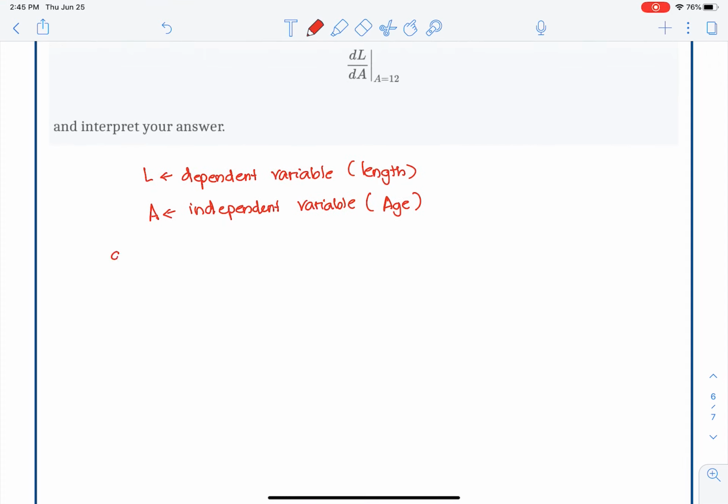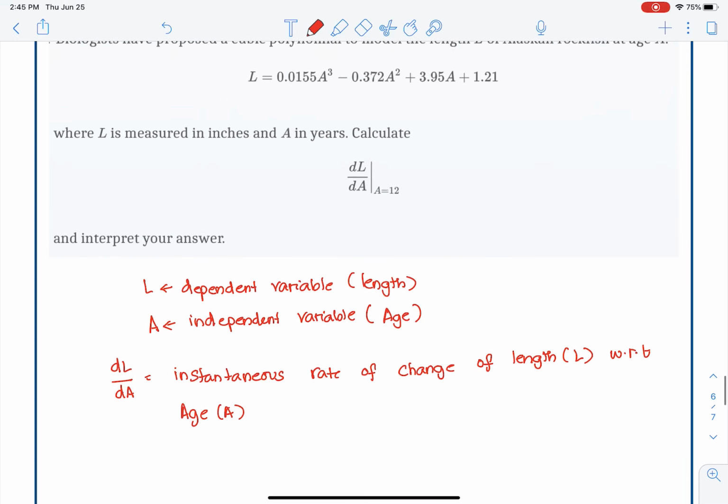So dL over dA is the rate or instantaneous rate of change of length L with respect to age A. So what is the derivative?